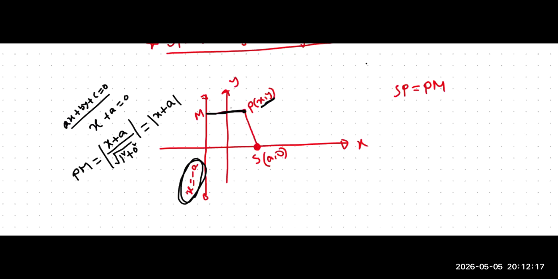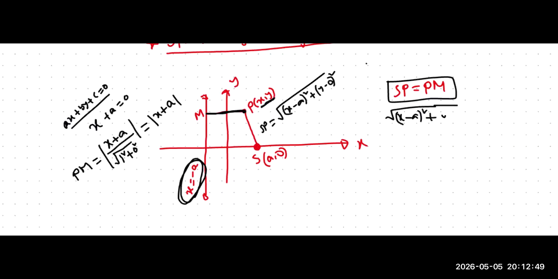And for the SP distance, we know two points: one point is P, x, y, and S is a, 0. So SP is the square root of x minus a whole square plus y minus 0 whole square. It's the standard distance formula. We just need to write this SP and PM in the equation. So SP is the square root of x minus a whole square plus y minus 0 whole square, equal to the PM distance, which is the absolute value of x plus a.